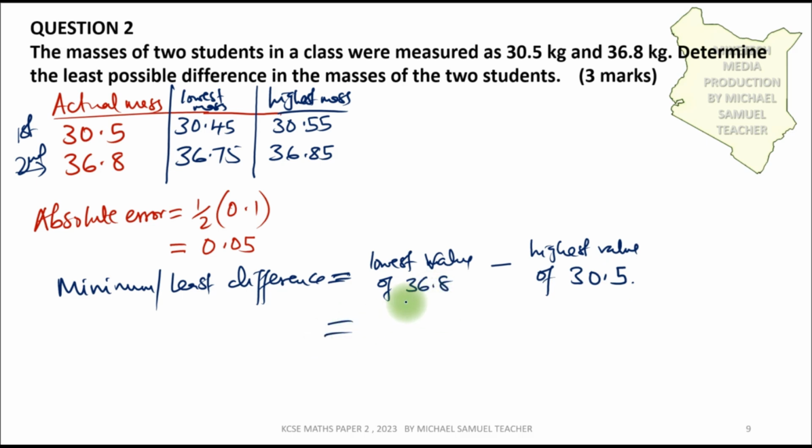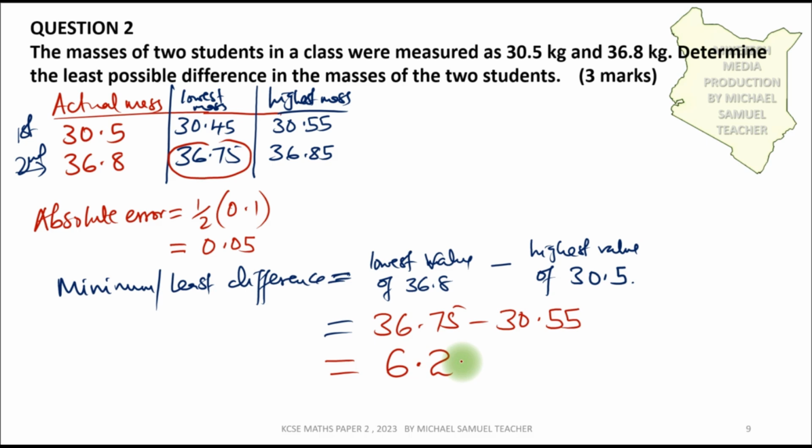The lowest value of 36.8 is 36.75, and the highest value of 30.5 is 30.55. So if we subtract, we shall end up getting 6.2, and that is the least difference in the masses of the two students.